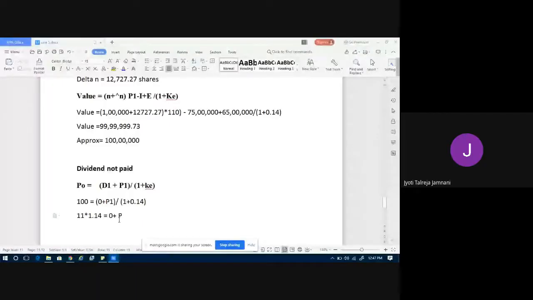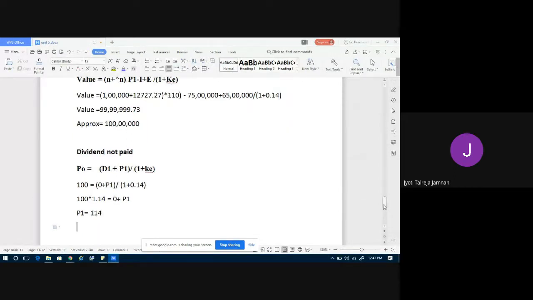So P1 is 100 into 1.14, which is 114, minus 0 is 114.